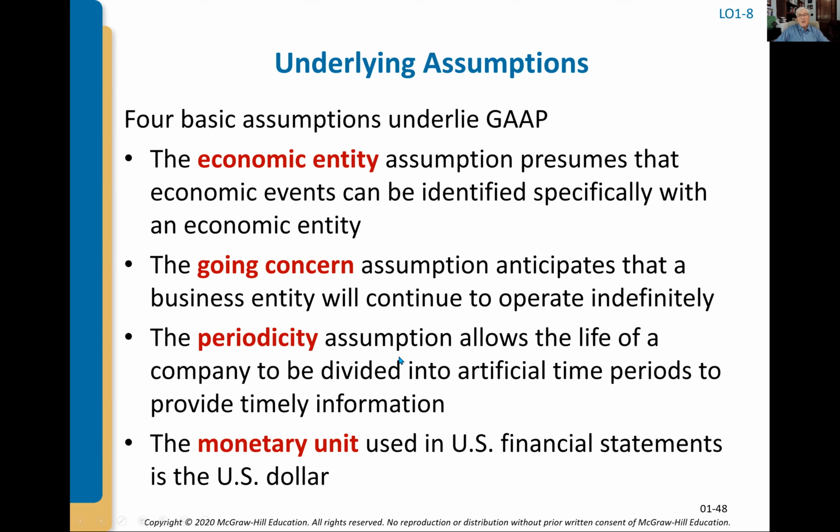Periodicity is almost like economic entity, but this is the accounting period. What accounting period are we doing? At the top of every income statement and balance sheet, we have the name of the entity, what kind of statement it is, and then what period it covers. So this gets back to timing. And then finally, monetary unit.